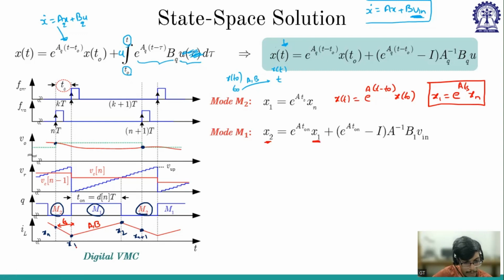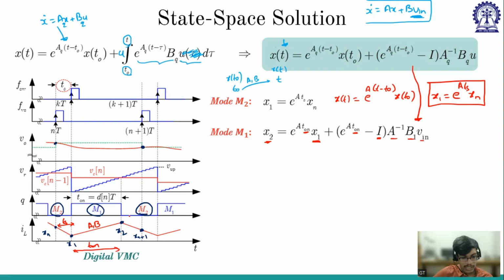The time period is my on time, T on. So e to the power A T on, and e to the power A into t minus t naught, again e to the power A T on, minus I into A inverse into B into Vin. So from this equation, I am getting x2 in terms of x1.